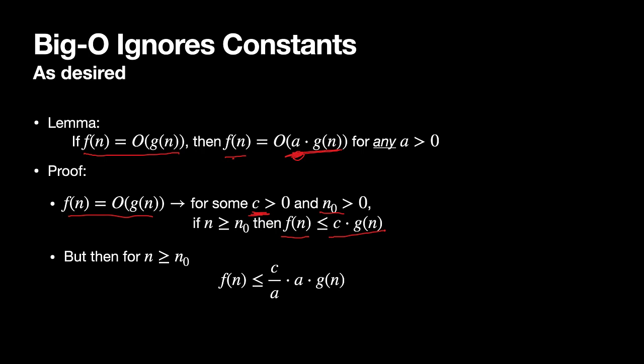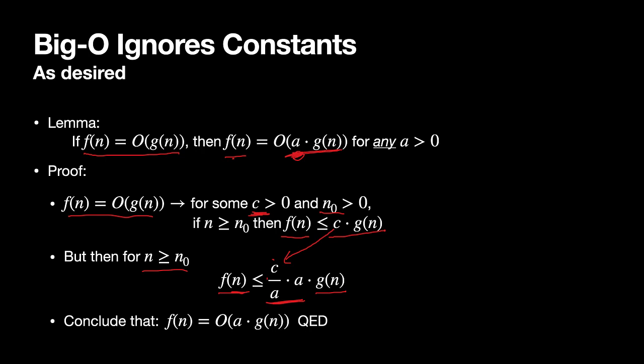So anytime we're past our start point, we know that f of n will be less than c times g of n, and we'll replace our original notion of c with c over a. The product of these two will cancel the a's out, and we're back to essentially our original definition of the big O notation.